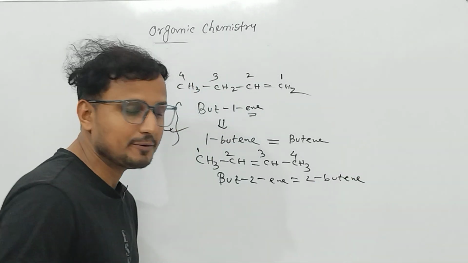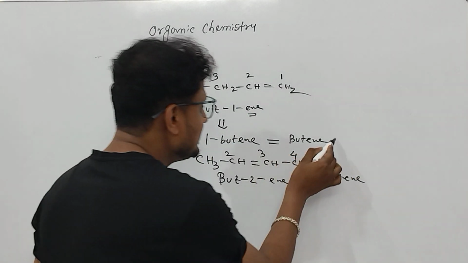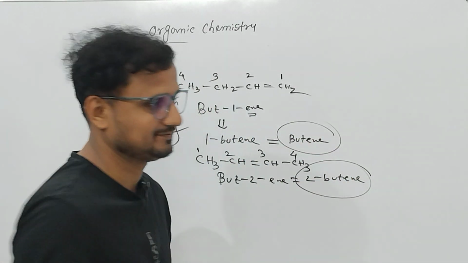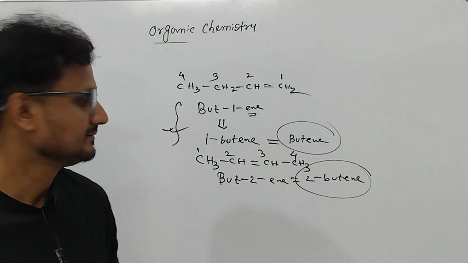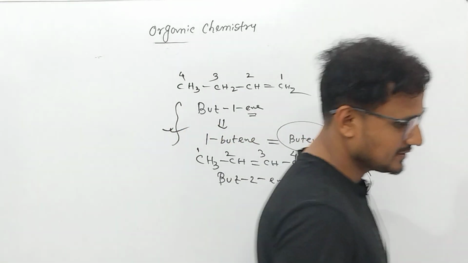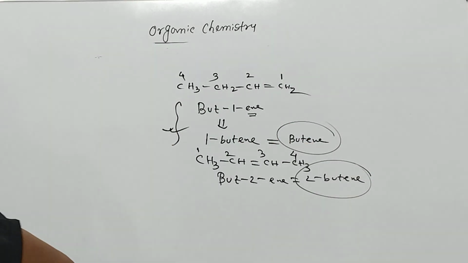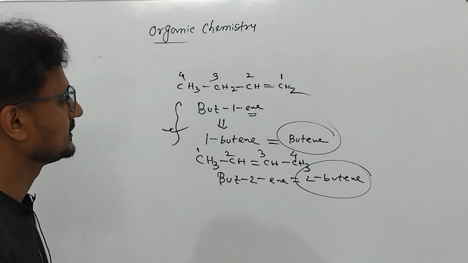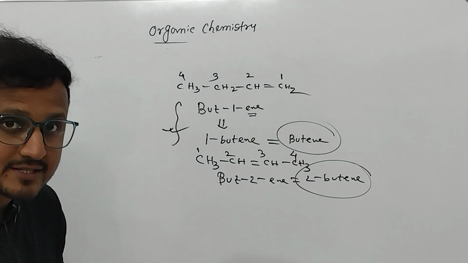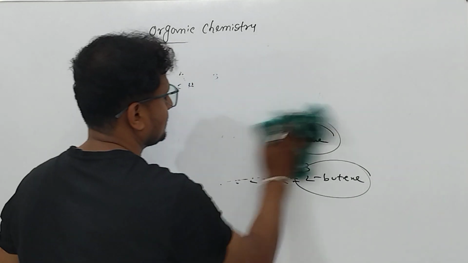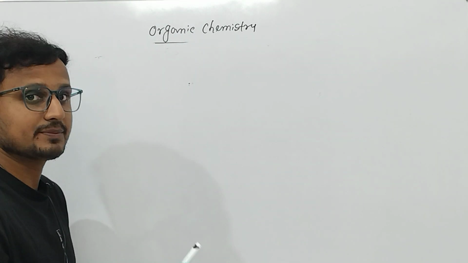Now 2 butene cannot be written as 1 butene. 1 butene is different, 2 butene is different thing. Okay, so this is another one part. Now let us go for some more examples. Let us consider triple bond.